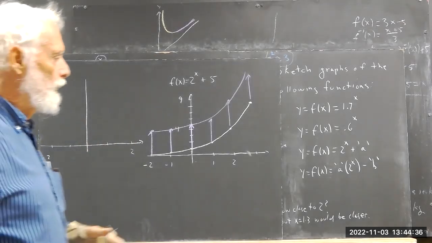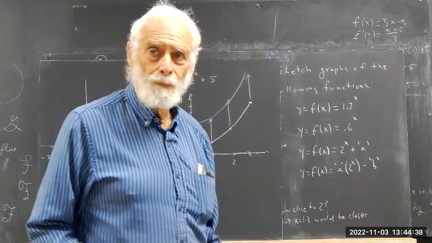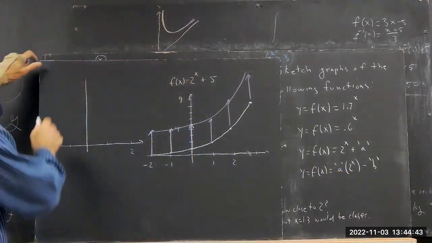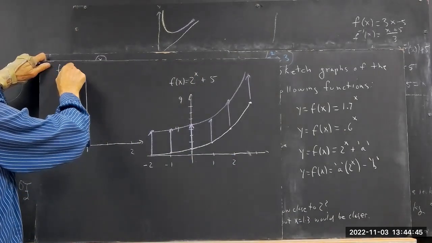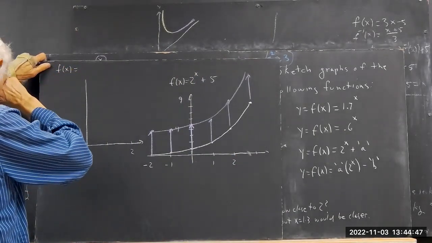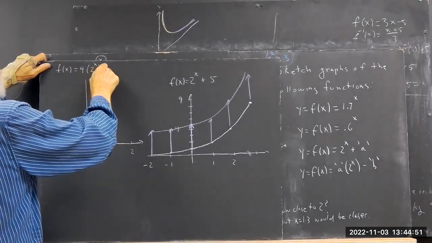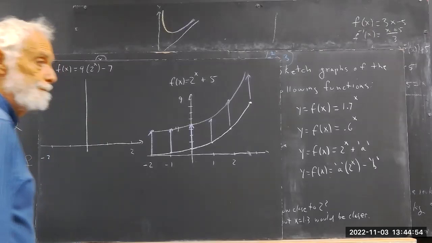We're going to be multiplying the values of 2 to the x by whatever a is. Okay, so let's say we have f of x equals 4 times 2 to the x minus 7.